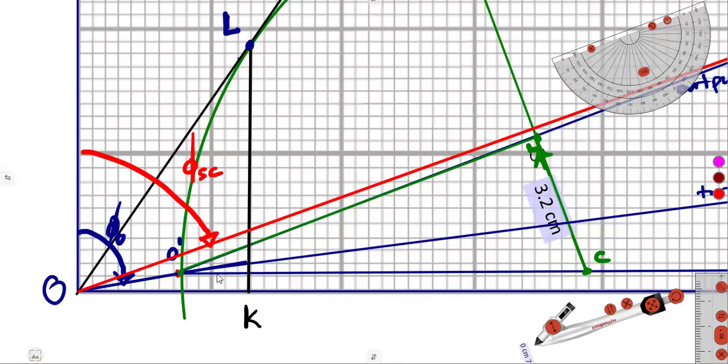But they must be from the reference line, this O bar. From O bar, we are going to have the first line, this one here.